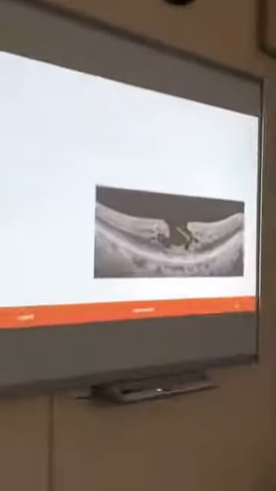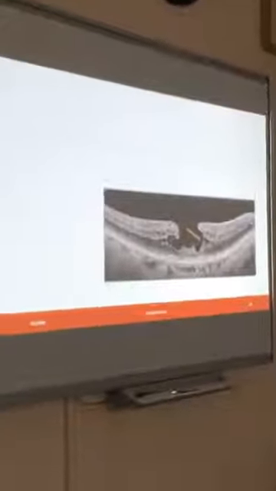So you have to identify it. Most of the lamellar macular holes, all of the macular holes actually, would have a cleavage between the inner and outer retina, and the appearance would be like the letter W of the English alphabet.